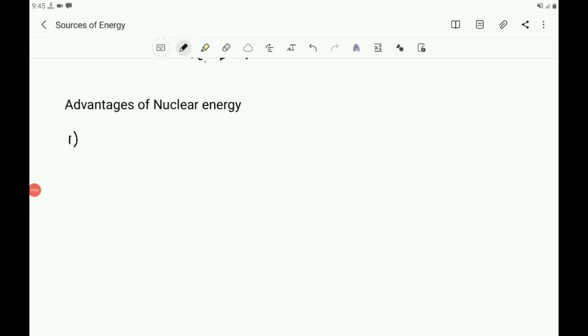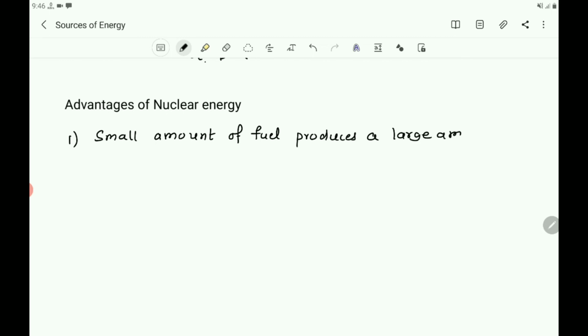Then you write what are the advantages of nuclear energy. So you write that a small amount of fuel produces a large amount of energy.